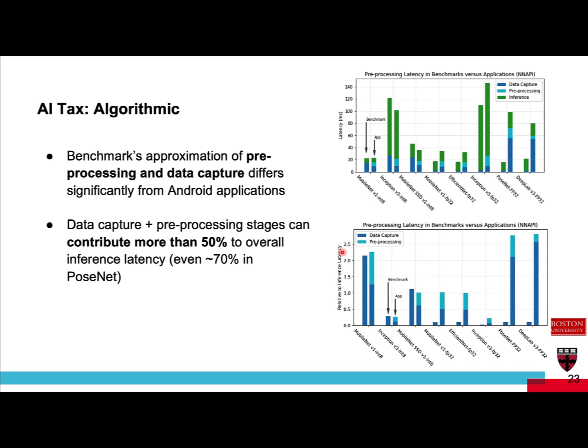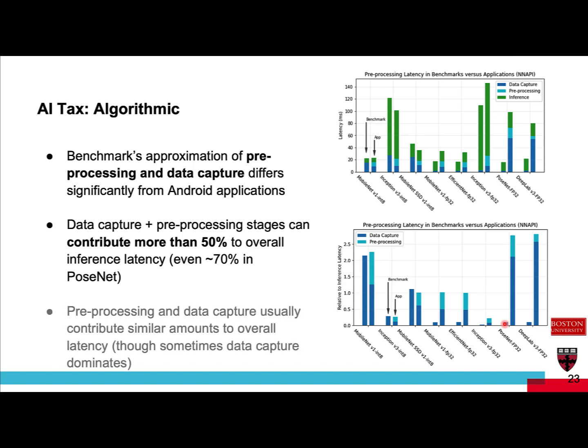In general, in scenarios such as MobileNet or EfficientNet, the data capture and the pre-processing are almost equal to each other. And that is substantial as compared to the benchmarks, where there's really nothing going on. So this means that we have to be very conscious about the non-model parts of the execution time, and therefore, it is extremely important to capture them.